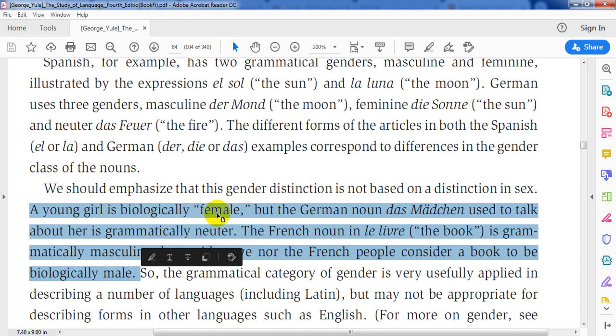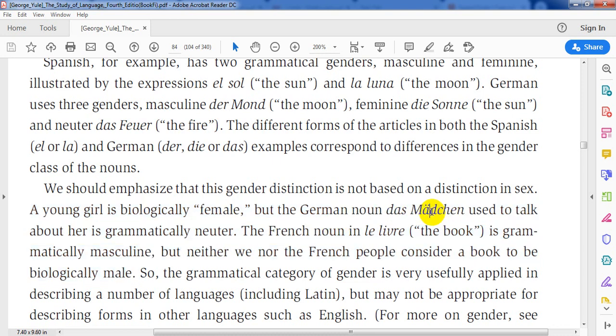But the German noun Mädchen, used to talk about her, is grammatically neuter. I'm not sure of the pronunciation. So there's no gender, whether male or female. This is in German, neuter or neutral.